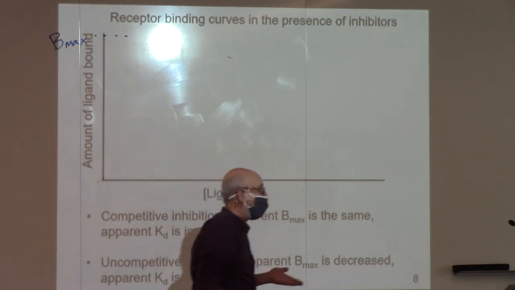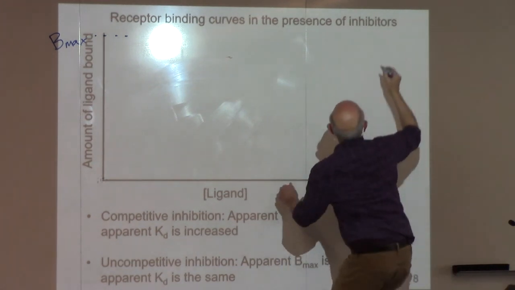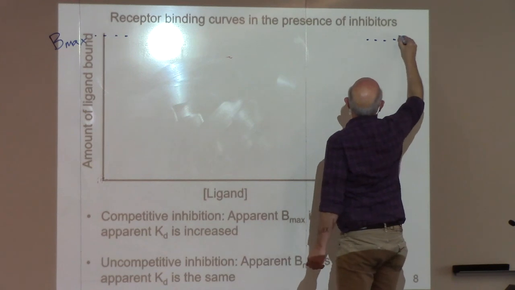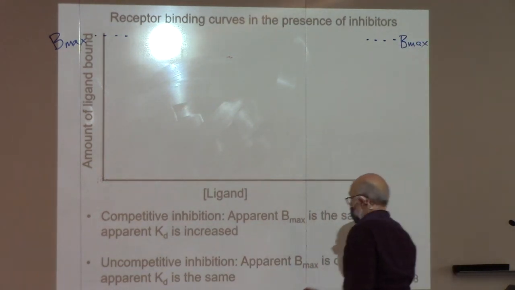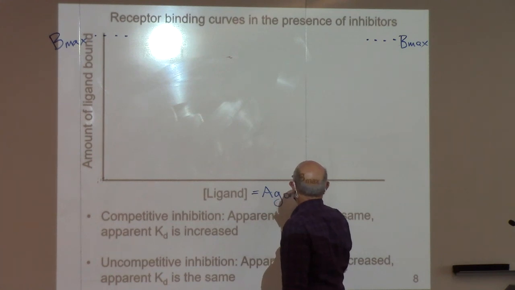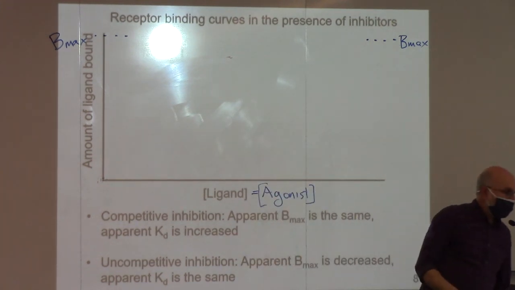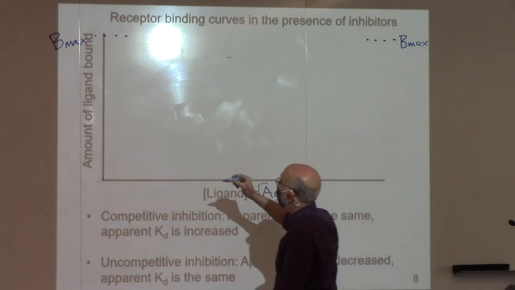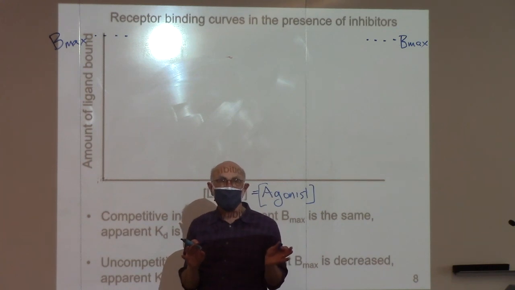Okay, so let's talk about a receptor. The receptor has a Vmax. The ligand that we're going to talk about is the agonist, and we plot the agonist concentration. In the absence, let's just put up the control, no inhibitors.